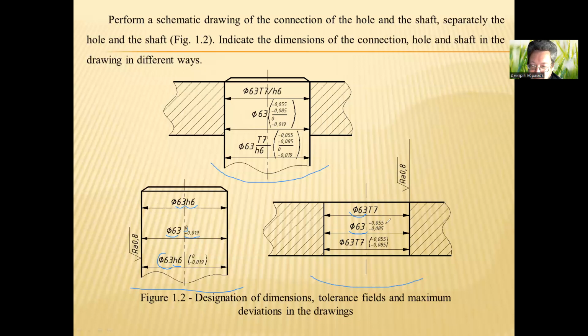Minus 0.055 is the upper limit deviation of the hole, and minus 0.085 is the lower limit deviation of the hole. And with both variants of these parameters together, we have the nominal diameter, the tolerance field of the hole, and the upper and lower limit deviations of the hole.